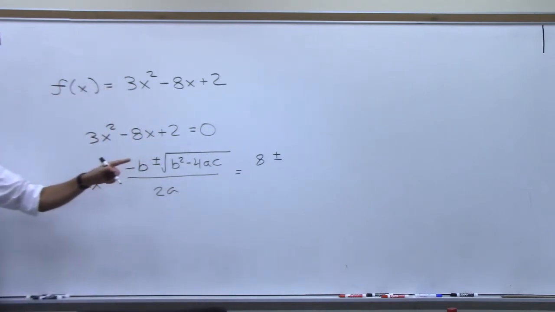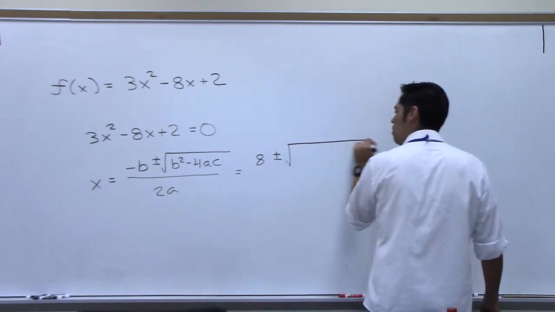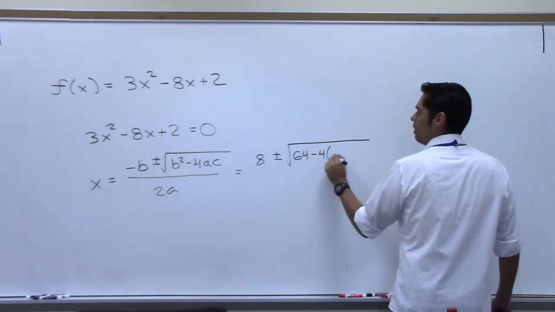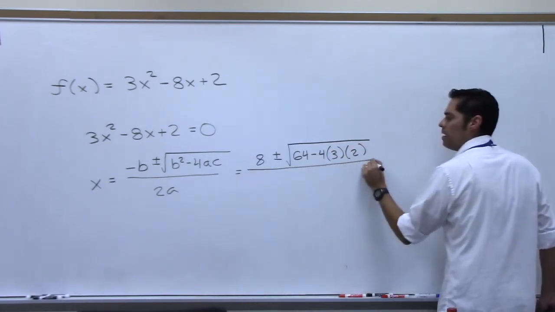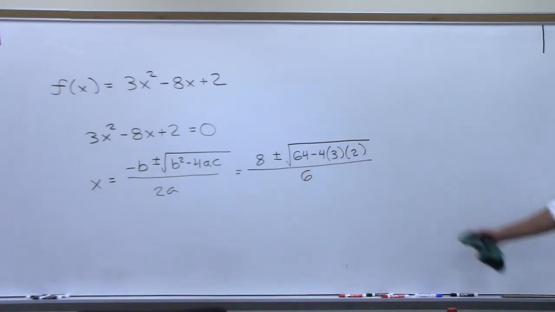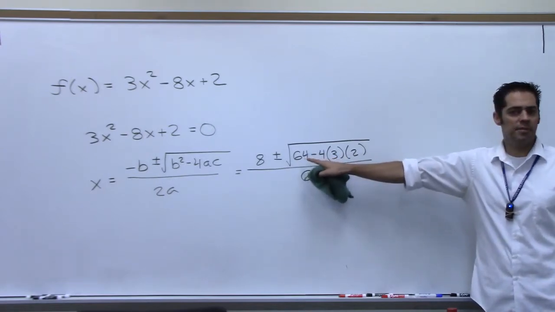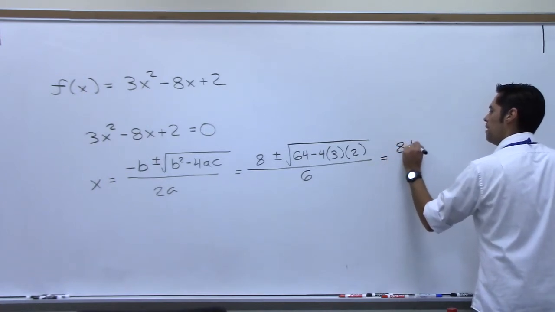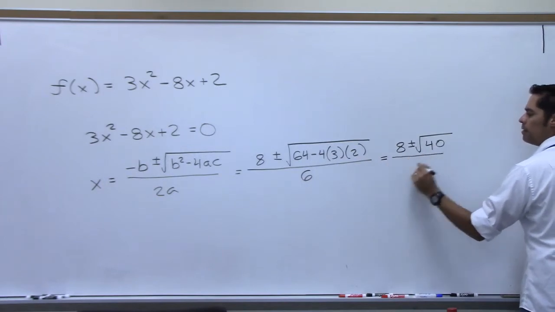8 plus or minus the square root of 64 minus 4 times 3 times 2, the entire quantity, divided by 6, which is 2 times 3. In here, we get 12, then 2, 24. We're going to take 24 away from 64. So root 40 all over 6.